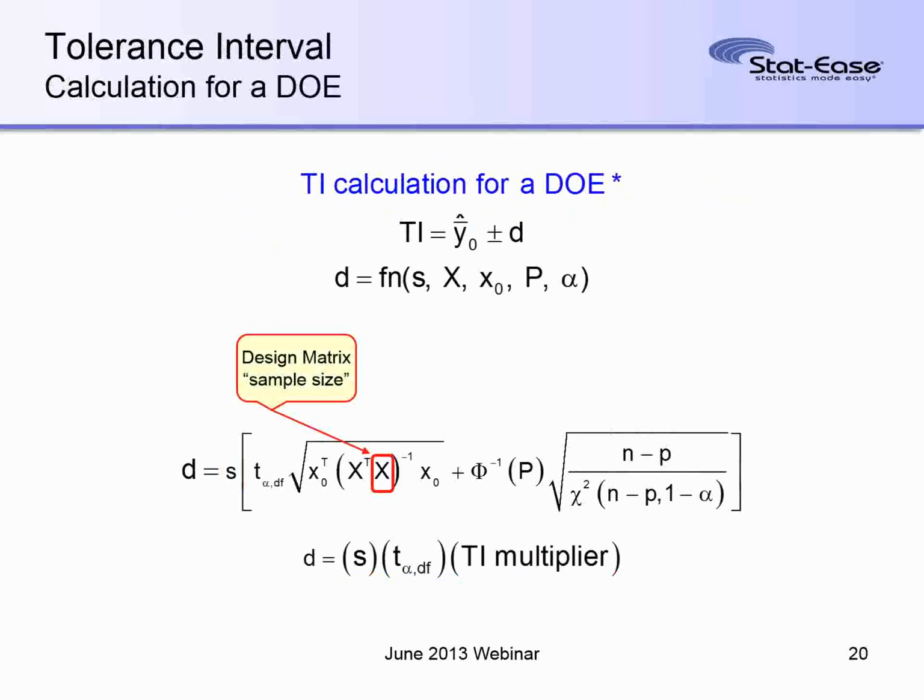We also need the design matrix. It's actually the model matrix. So whatever model you fit, there will be one column in this matrix for each term in the model you fit. There will be one row in this matrix for each run you've done and included in the analysis. It gives us the sample size.